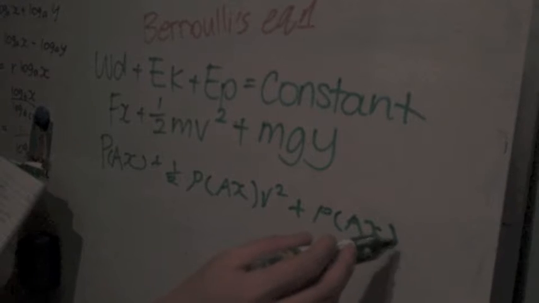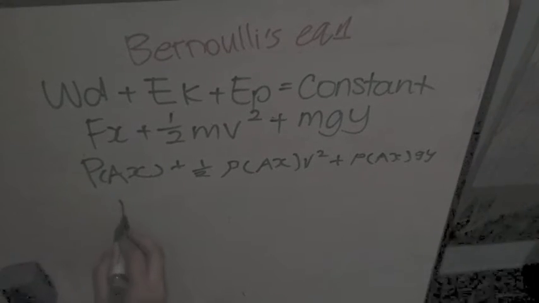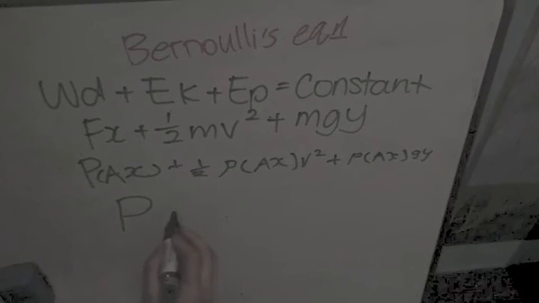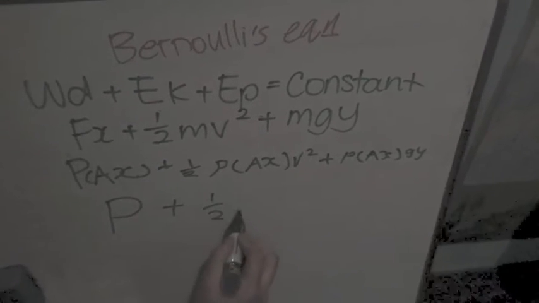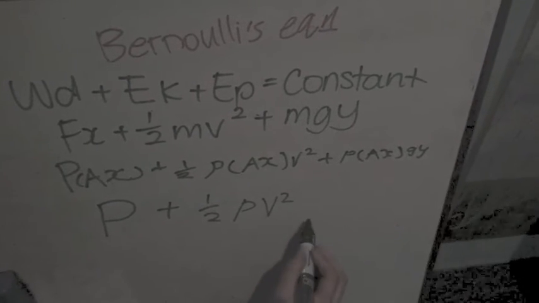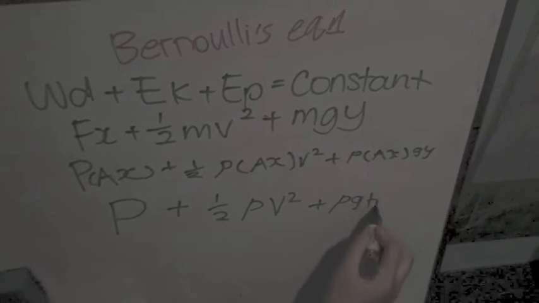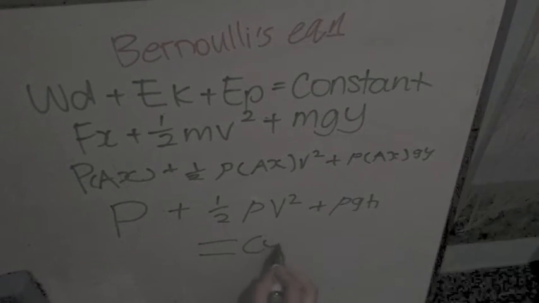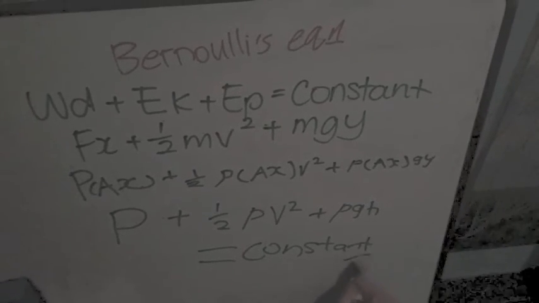You would then notice that area multiplied by the x component is a common factor. Finally, after removing the common factor, which is Ax, you would get p plus half rho v squared plus rho g y, as mentioned earlier, y being the vertical height. And this will give us the constant.